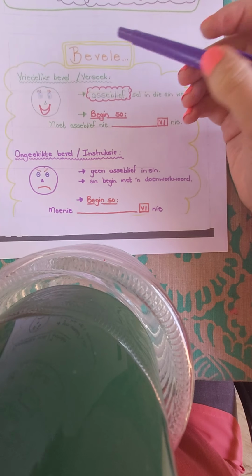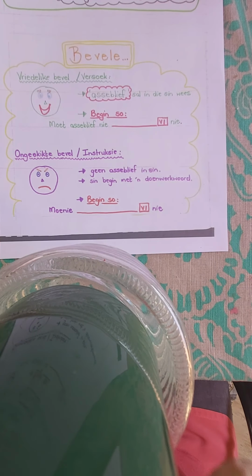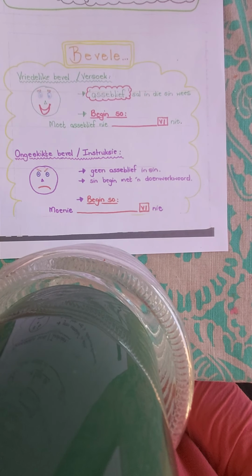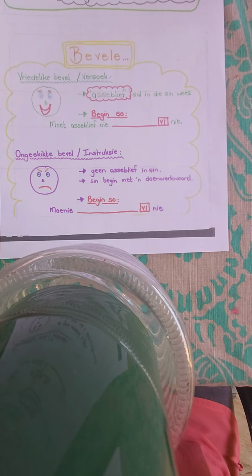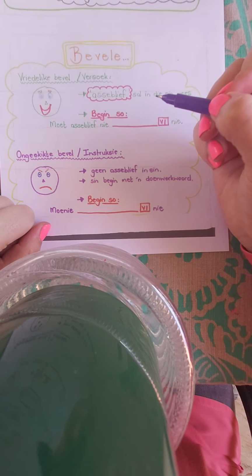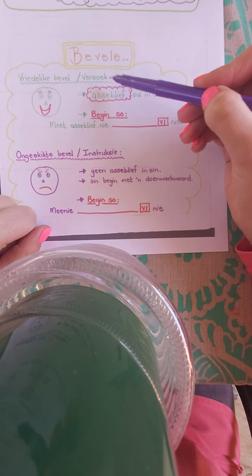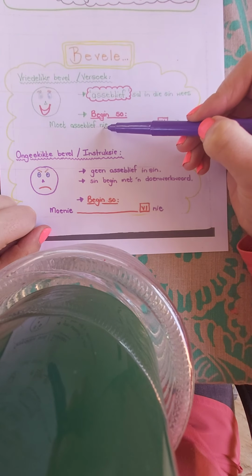So when I look at my first one, a request, the word asseblief will always appear in it. And when I have a request that I need to rewrite into negative, your negative rules are completely different. First of all, you will always need two negatives, the same as any normal negative sentence. However, you have very specific negatives that you have to use. When you rewrite the versoek sentence, you have to use moet asseblief nie.